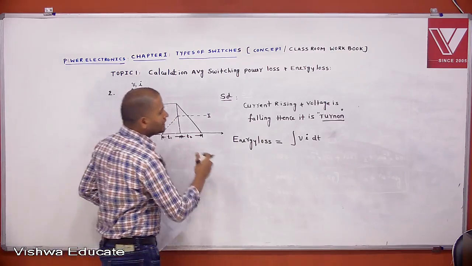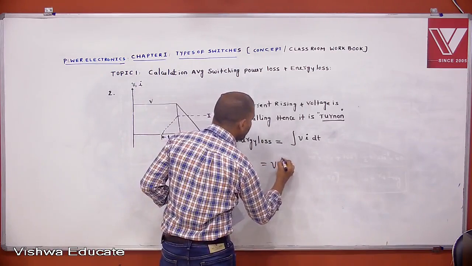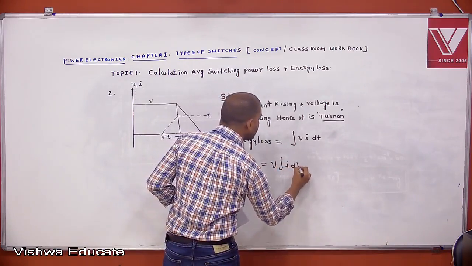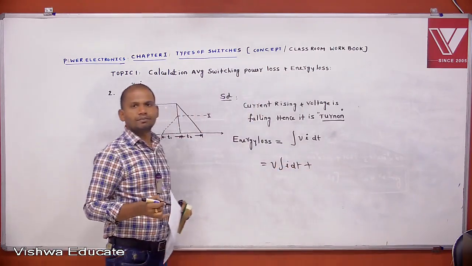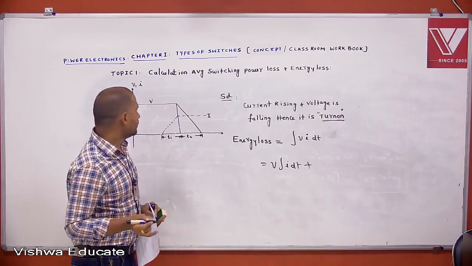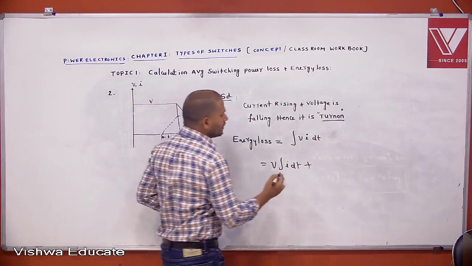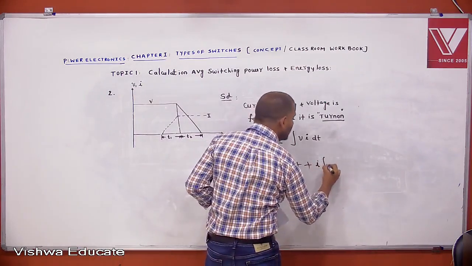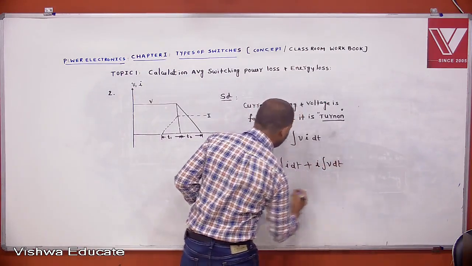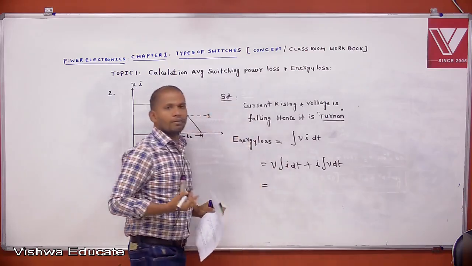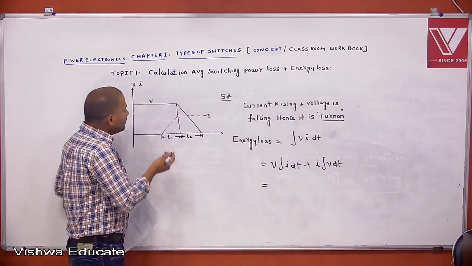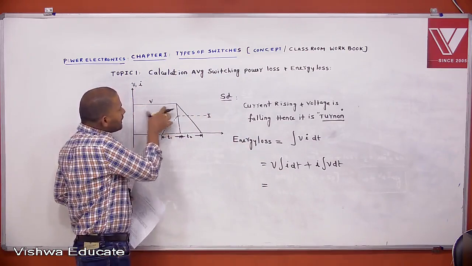Voltage is constant. So shall we write like this: integral of V into I dt, plus, during T2 time, which is constant? Current is constant: I into integral of V dt. Then V is constant, that is capital V.